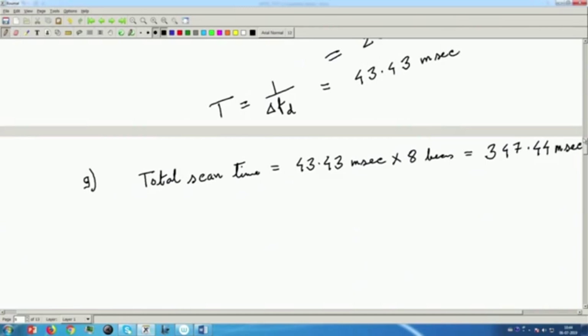Total scan time, also antenna scan rate. It is an electronic scanning. The antenna scan rate is, it is saying total 24 degree, and each beam width.